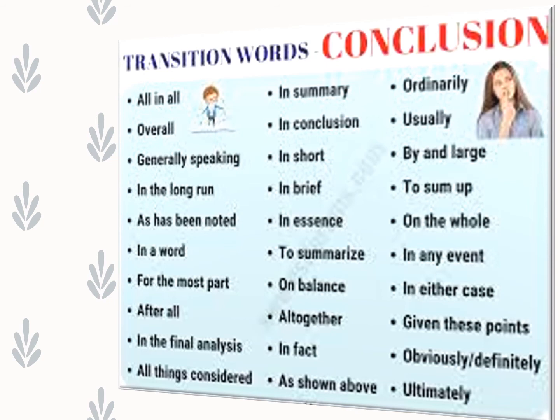In the final analysis, on the whole, in summary, overall, generally speaking, ultimately. So all these are transition or conclusion words that we need to use now that we are in the 8th standard. In 8th, 9th, 10th we have to make use of bigger, more impressive words in our essay writing.